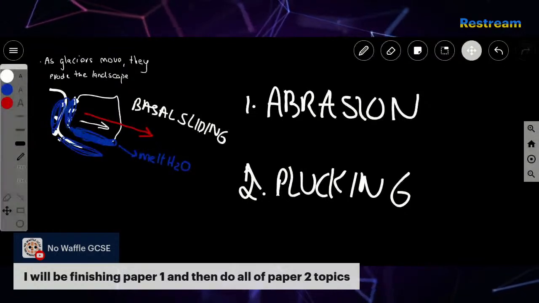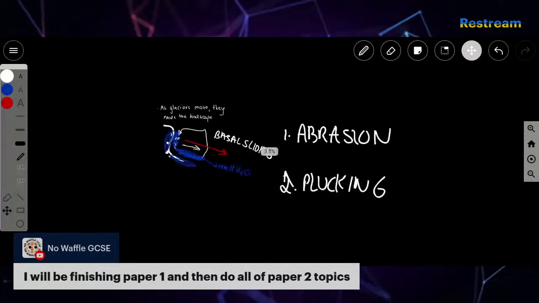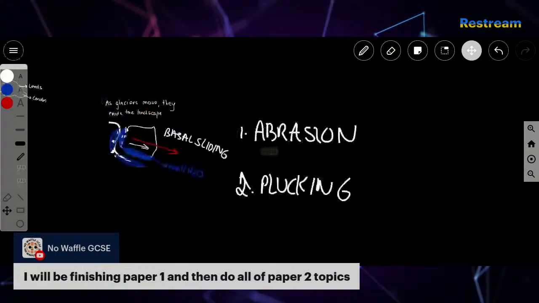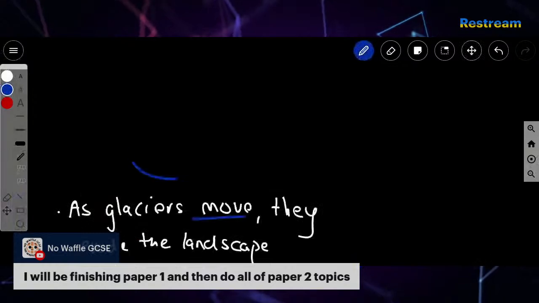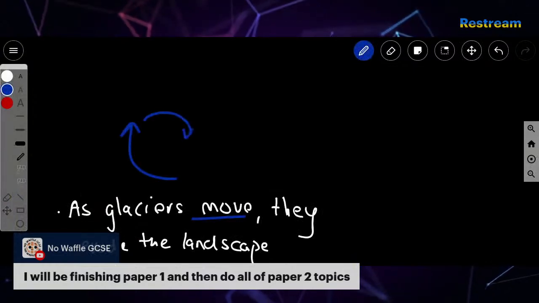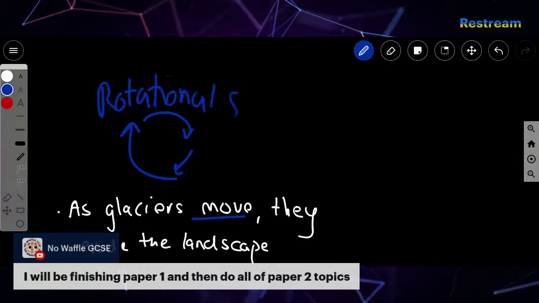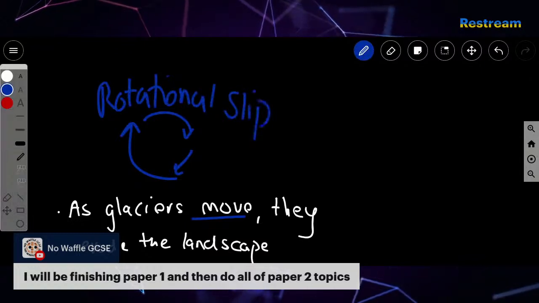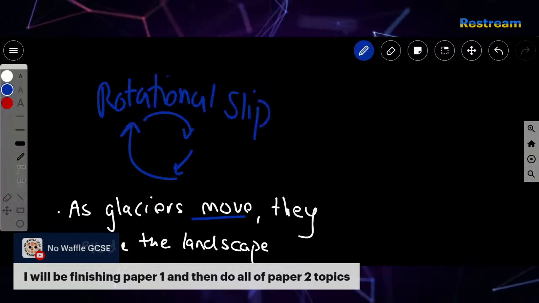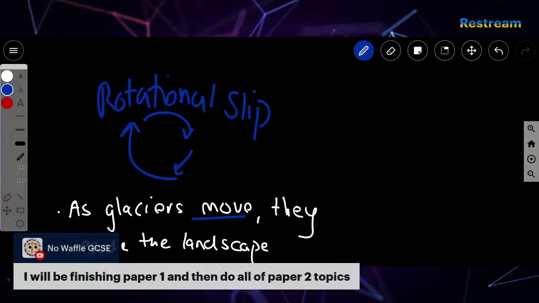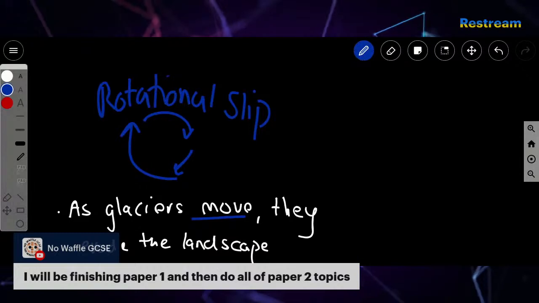When a glacier moves in a circular motion, it's called rotational slip. This can create hollows and then deepen the hollows into bowl shapes. We'll talk about this further.